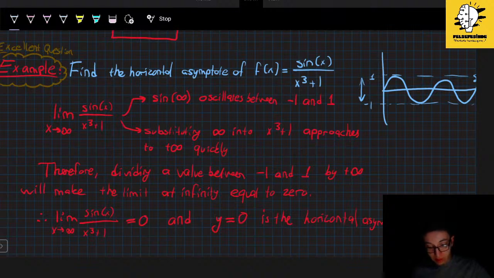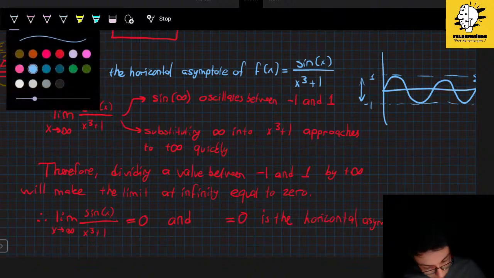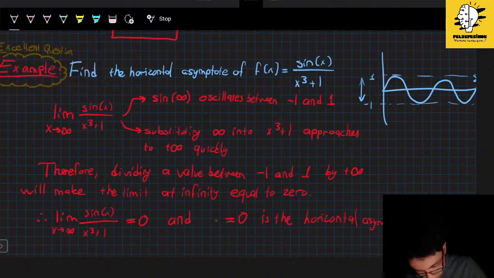So I can see that y is equal to 0 is a horizontal asymptote, and you can use your graphing display calculators or Desmos to see that this is really the case. The horizontal asymptote is y is equal to 0.